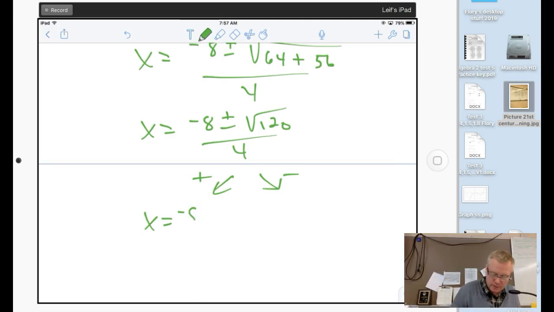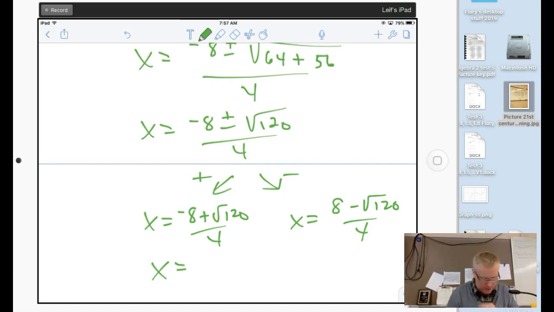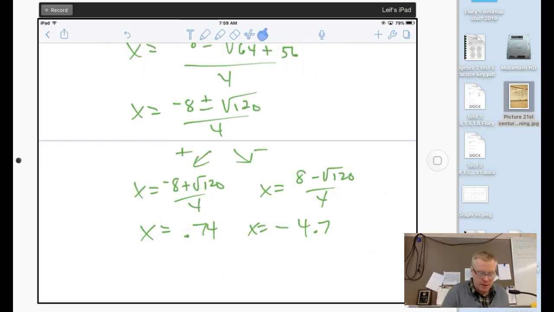X equals -8 plus the square root of 120 over 4. X equals -8 minus the square root of 120 over 4. I'm looking for decimals, so when I punch those in, I get either 0.74 or -4.7. So now I got my x-intercepts and I got the vertex.